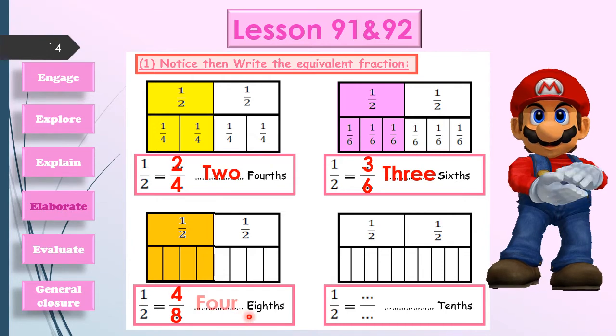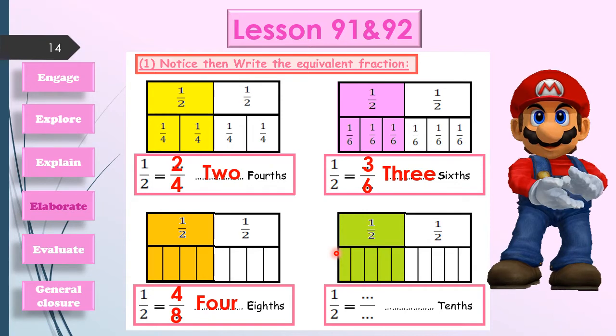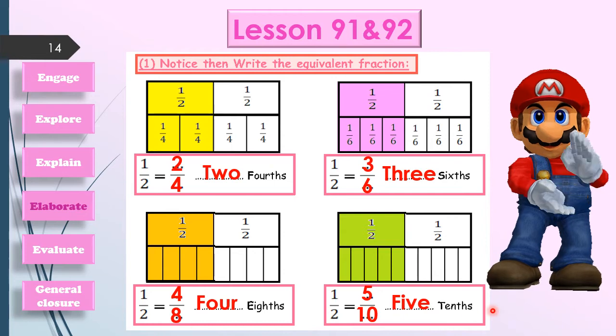Here we have a half and 2 parts and 10 parts. I want to color half of these 10 parts. Yes, let's color. Now let's write down in the denominator the number of all parts. It will be 10, and we colored only 5 parts out of 10. Then half is equivalent to 5 tenths. Let's write down here 5 tenths.